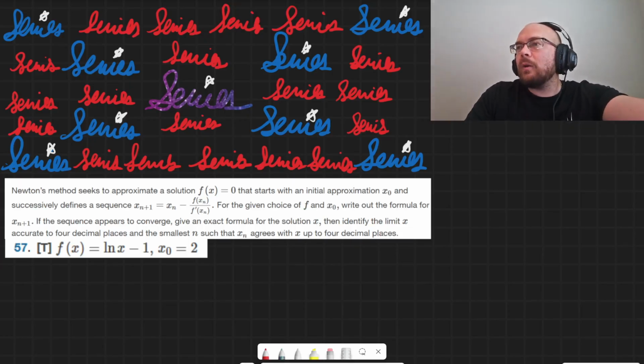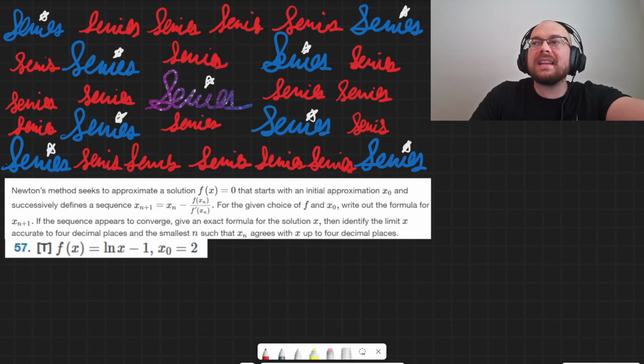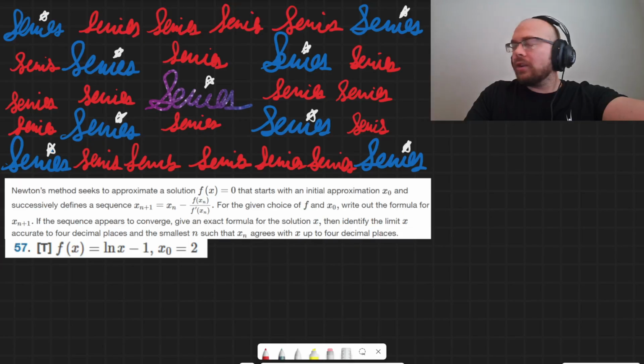So I think that's what I would probably do first anyways. And they want to know what x is approximately equal to to 4 decimal places, and they want to know the n value. That'll be the very last thing that we get to, is that n value. So we'll more or less go in the order that they're looking for the answers here.